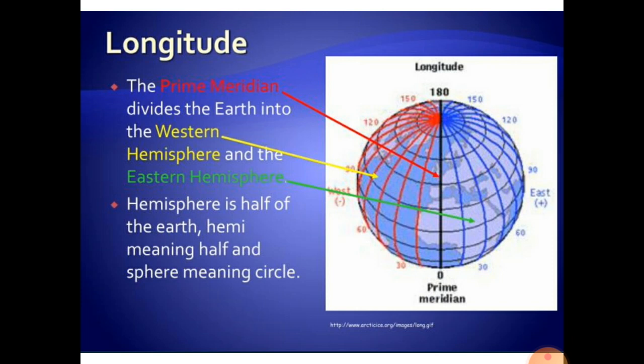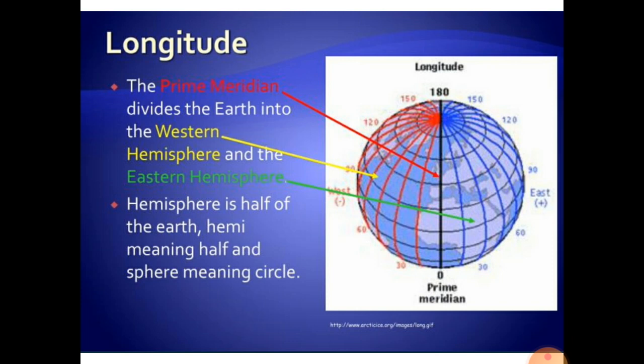Here we can see in the diagram, Earth is divided into two equal halves, but now not from north and south. It is divided into an east and a west part, the eastern part and the western part.